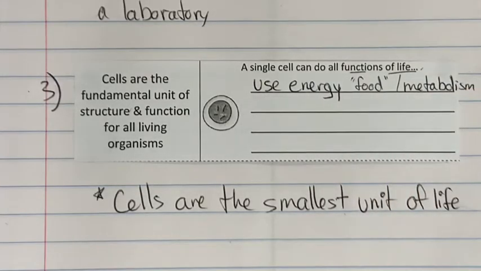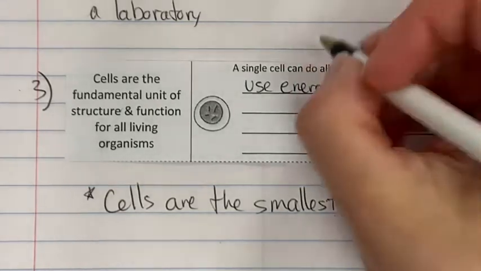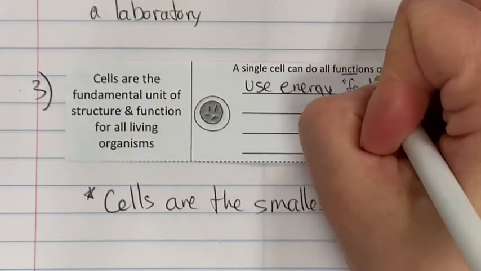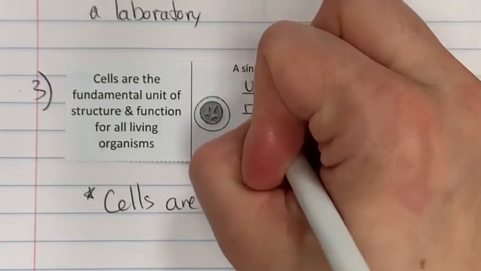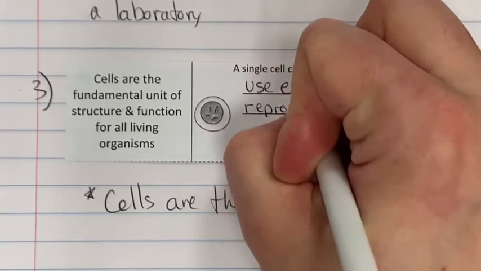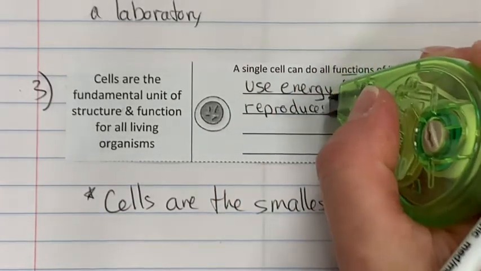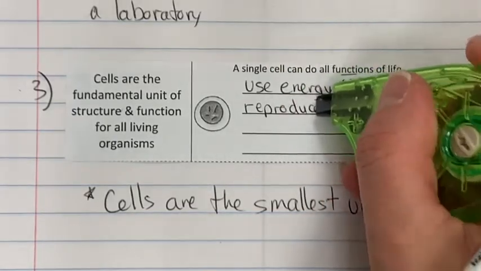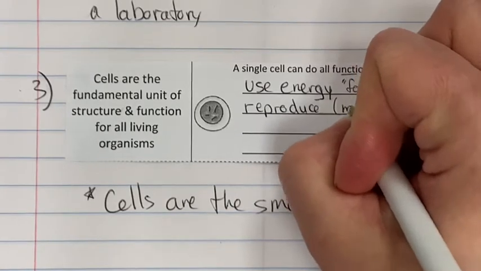All living things take in food somehow, some way, process, use that food for energy. Okay? Take in food or make food somehow. Talking about metabolism. All living things reproduce. Okay, so reproduce in one form or another, whether it's asexual or sexual reproduction. We're talking about make babies.